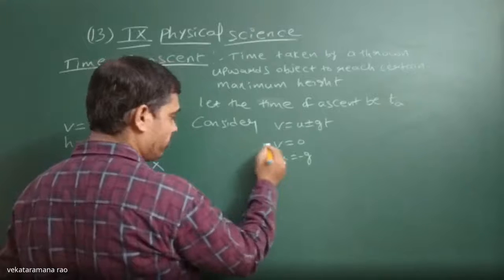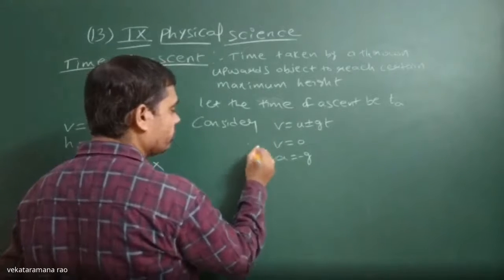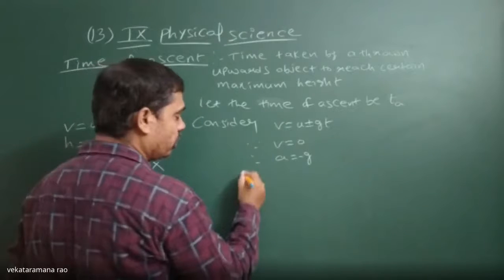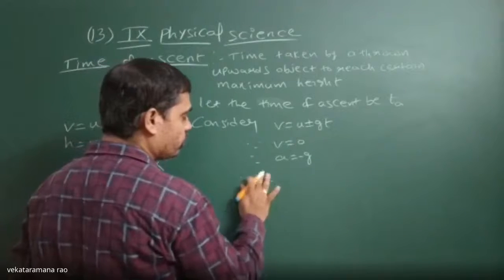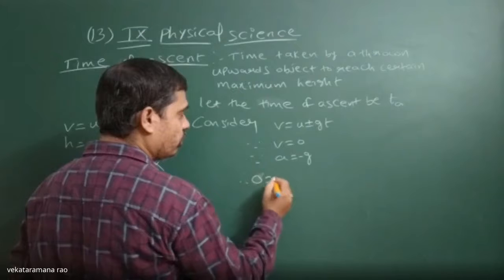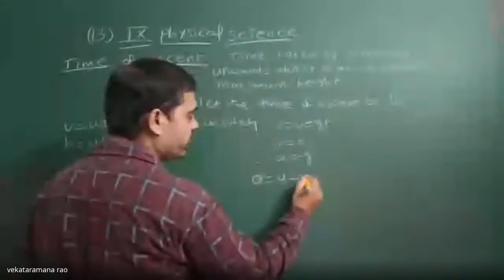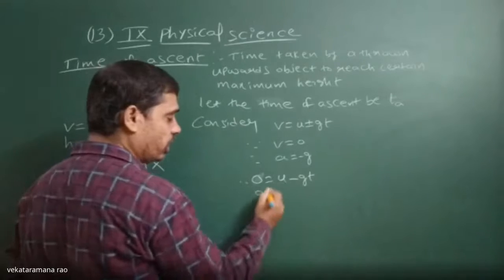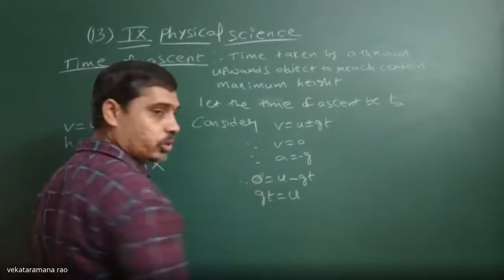Since v is equal to 0 and a is minus g, we substitute. Therefore, 0 is equals to u minus gt. Then bring minus gt here: gt is equal to u.